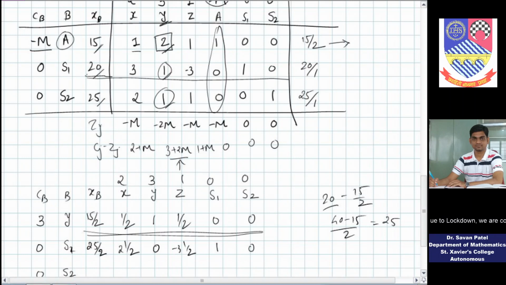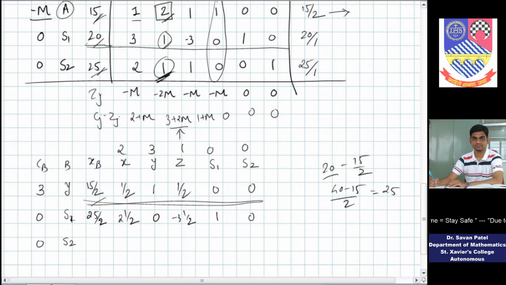Similarly, to make this entry 0, we have to do a similar row operation, means 25 minus this, so 15 by 2. So it is 17 and a half. Then 2 minus half is 1 and a half. Then 1 minus 1 is 0.